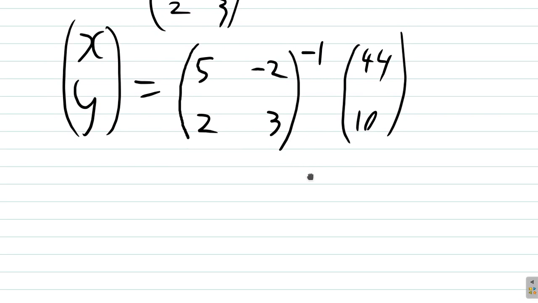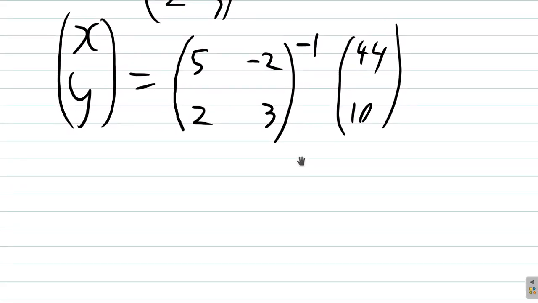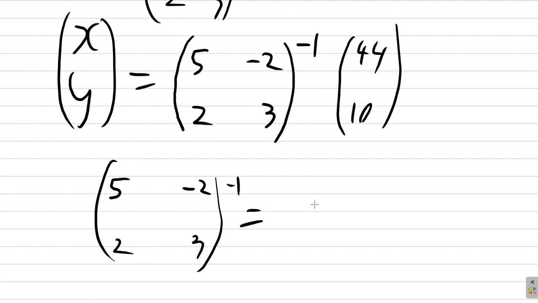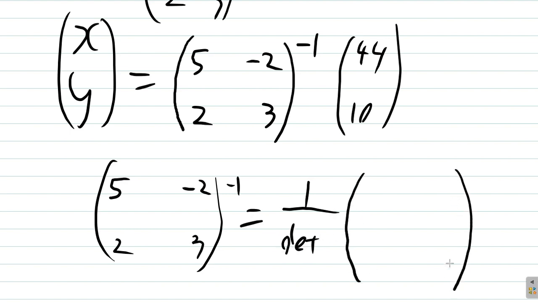Now, remember the inverse of this. If you want 5, -2, 2, 3 inverse, what you have to do is 1 over the determinant times your matrix with a and d interchanged.